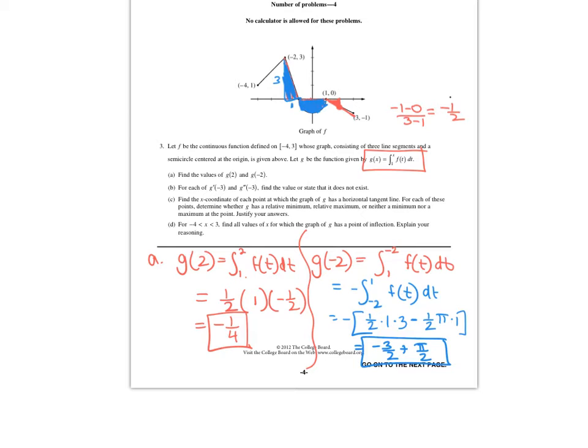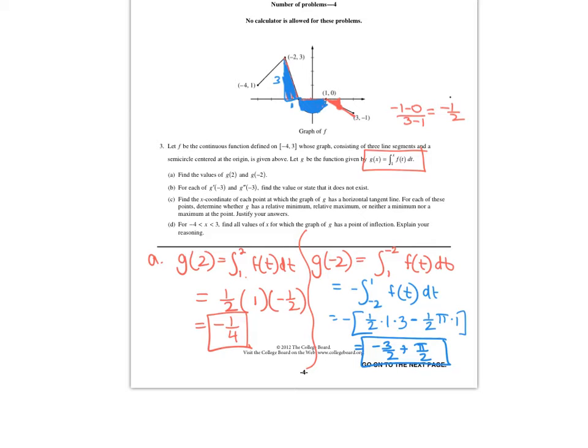For part B, it says for each of g prime of -3 and g double prime of -3, find the value or state that it does not exist. So again, g equals the integral of f of t.